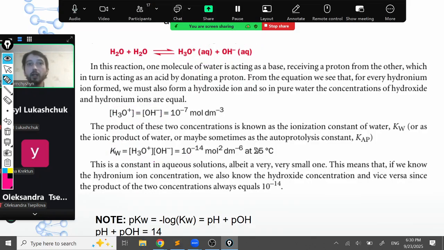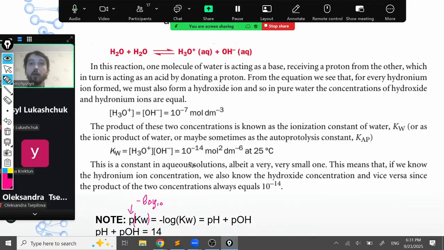One small note: if we calculate pKw, you see this notion of p's. It's quite interesting. Whenever you see this p in chemistry, it means that you are taking minus logarithm base 10 of whatever is after this p. So pKw is by definition minus logarithm base 10 of Kw.